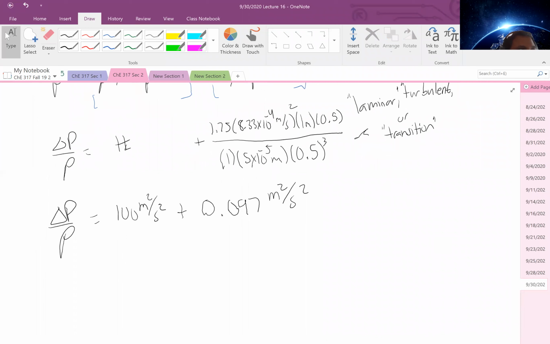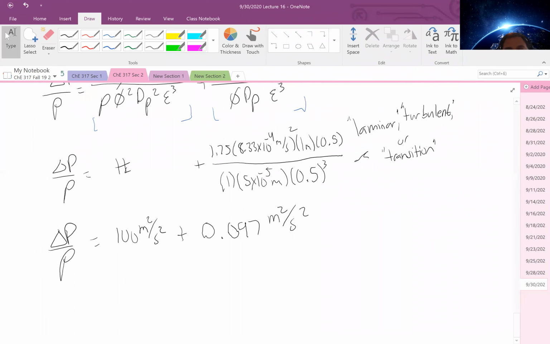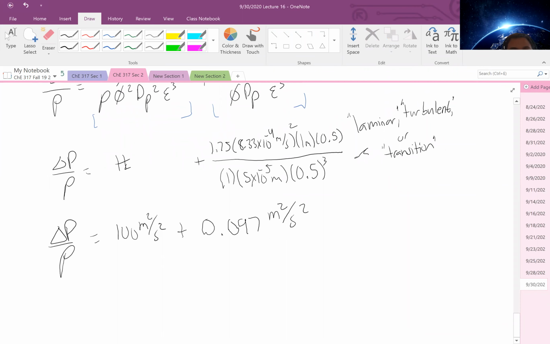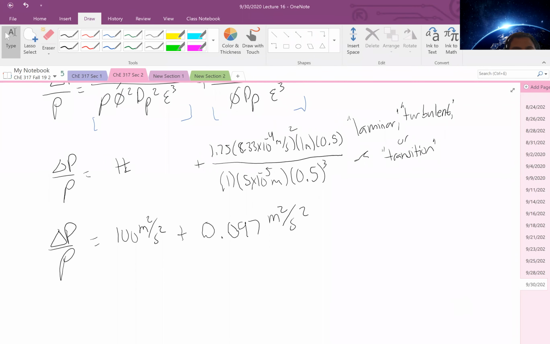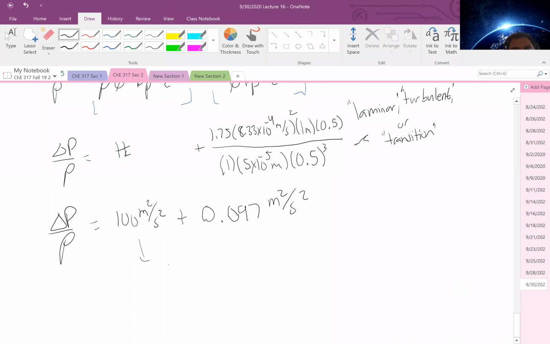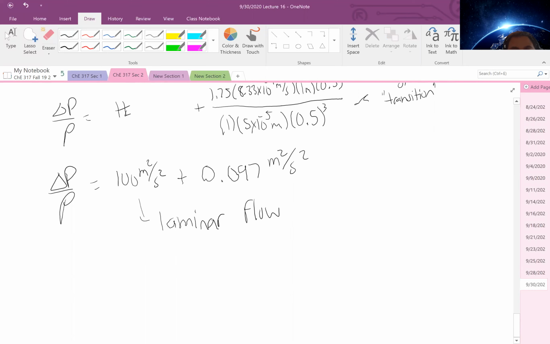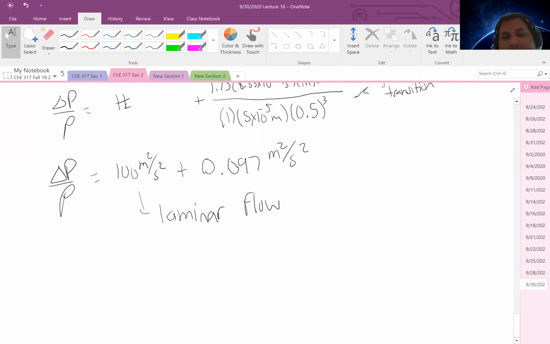So in this case, if I had to ask if it's mainly laminar, turbulent, or transition, this fluid would fall into the laminar flow category. And you can kind of see that with that laminar flow expression being dominant in this calculation.